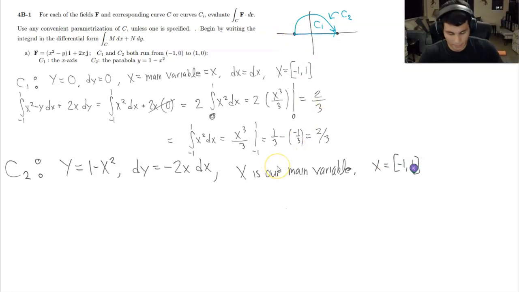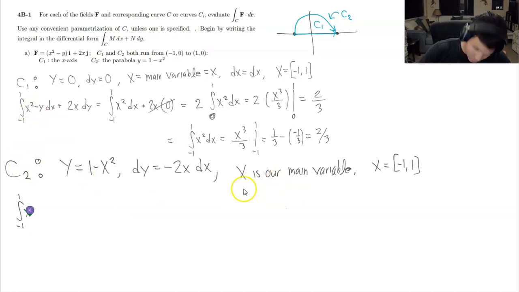Okay, so let's write the integral, which is from -1 to 1. And x is our main variable, so that x squared is just x squared. And then minus y, well, we're going to substitute minus y for minus this expression here.